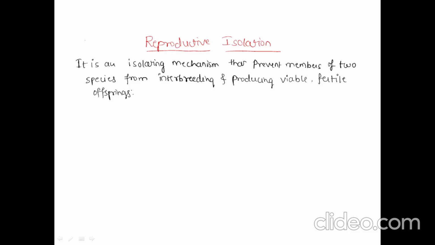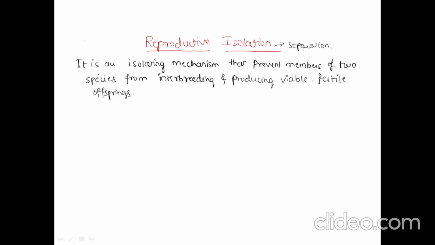Isolation is nothing but separation. That is, reproductive isolation is one of the isolating mechanisms which prevent interbreeding between two species and the production of viable and fertile offsprings.